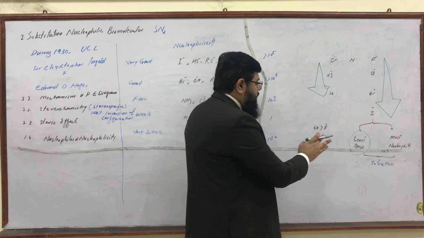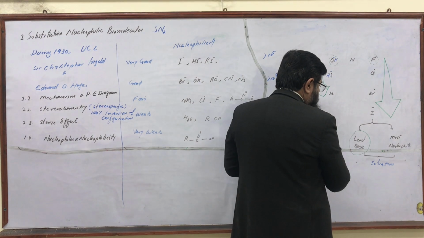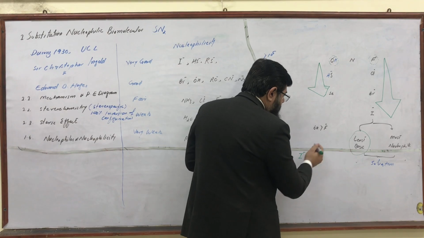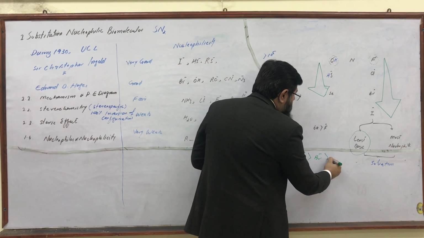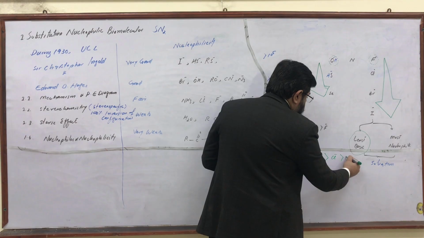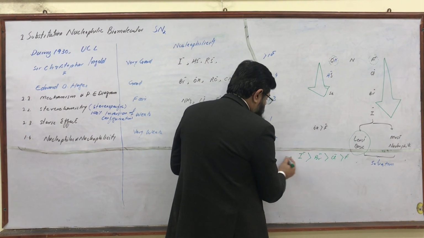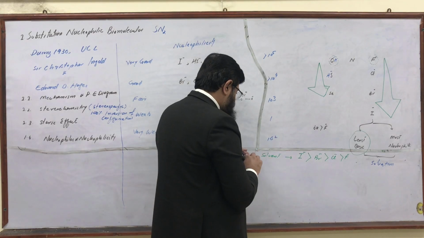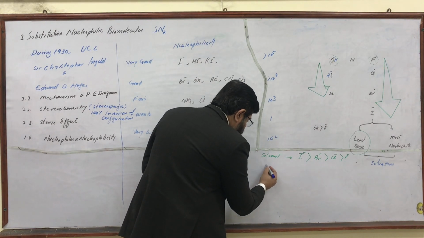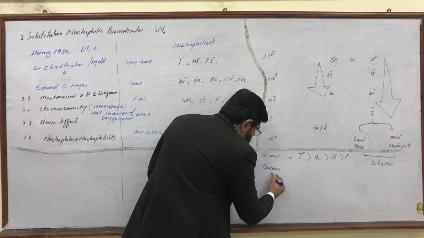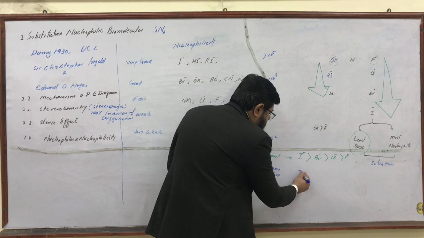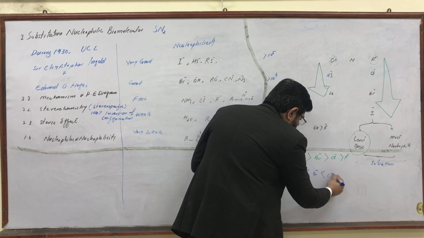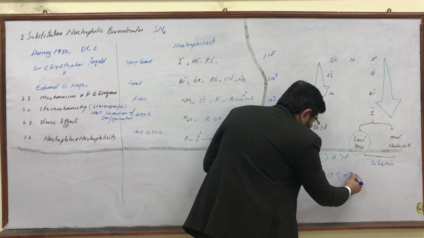So we can say that in case of solvation or solvent, iodide is the most reactive nucleophile, then bromide, then chloride, and fluoride is least reactive. This is the case in solvent. But if the reaction is happening in gaseous phase, then the reactivity will be reversed. Iodide will be least reactive, then bromide, then chloride, and fluoride will be most reactive.